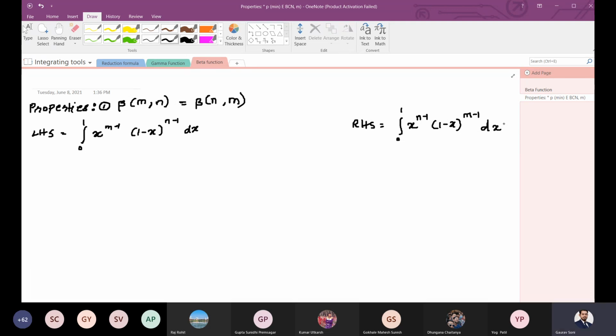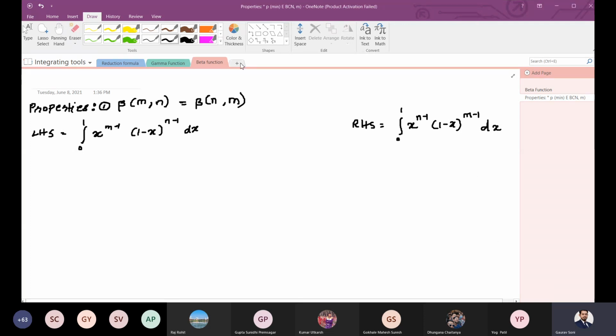So this property says that beta of m comma n is equal to beta of n comma m, which means that beta of 3 comma 2 has to be equal to beta of 2 comma 3. For this purpose, we need to show that both of them are equal.